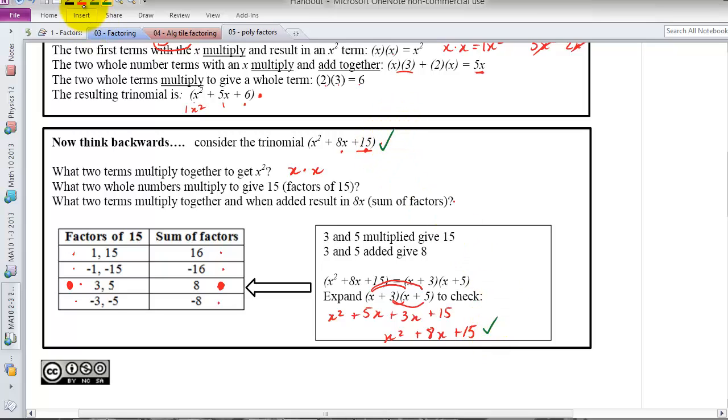Okay, so again, just to highlight, when the factors have the form x plus something, x plus something. Maybe I can highlight that.